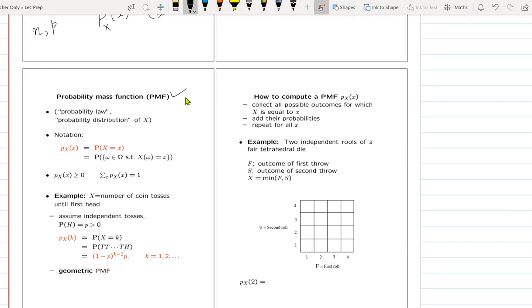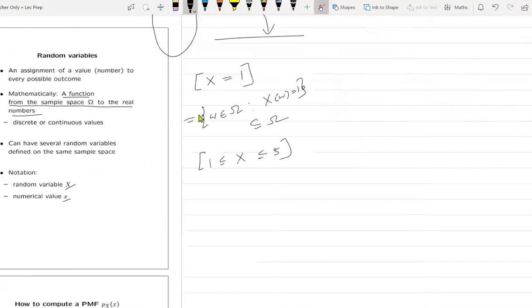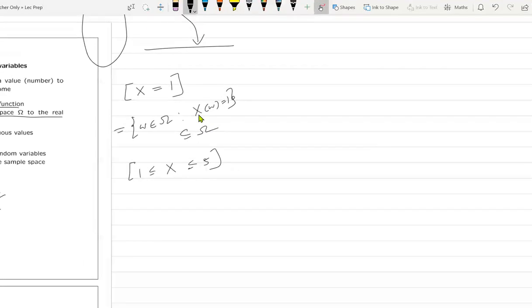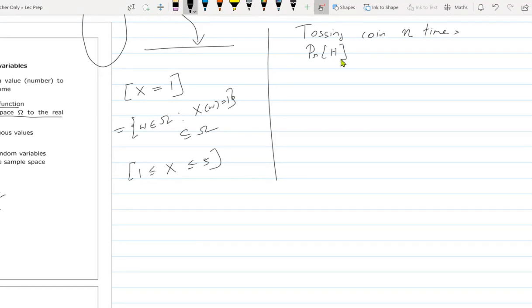Let's look at another example. Let's say you are tossing a coin n times, and we are given that the probability of heads is, let's say, p.